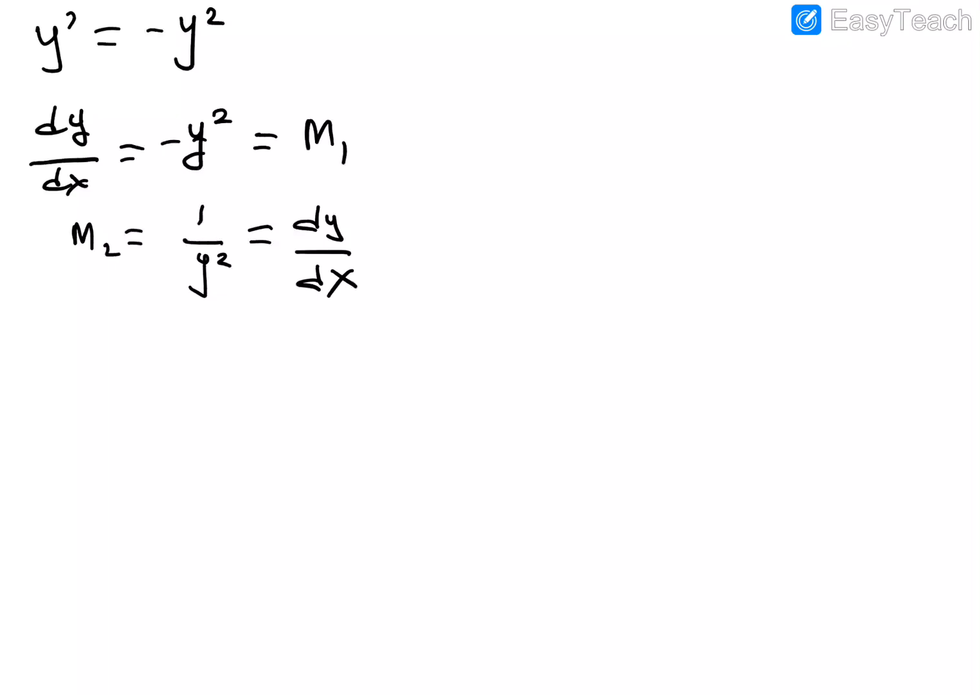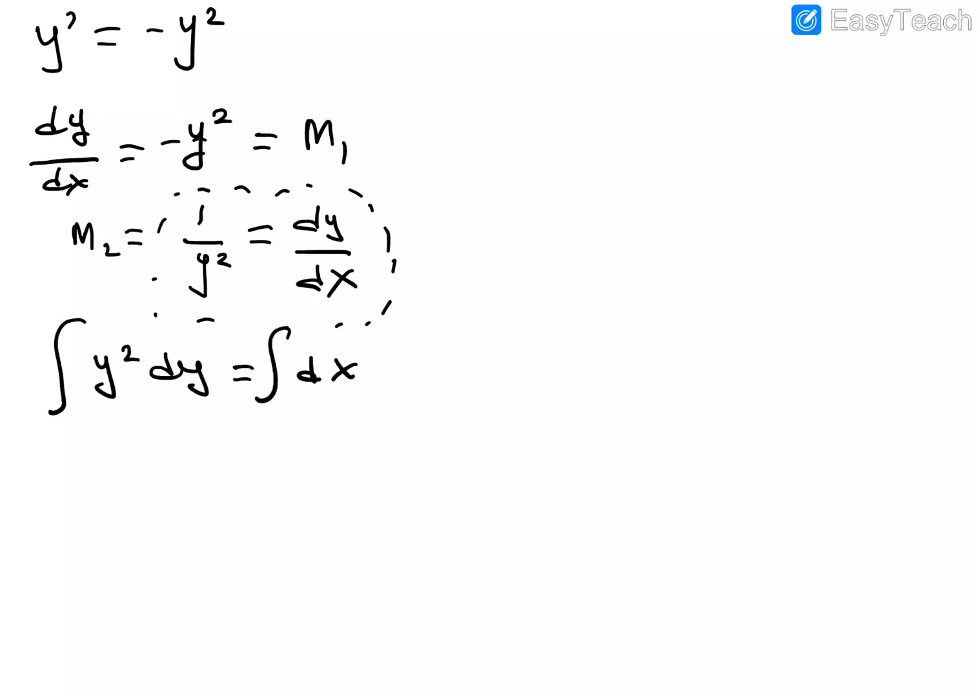And we'll go ahead and do our separable differential equation technique. We'll get the y's on one side and the dx's on the other. So we'll have y squared dy equal to just a dx. And we will take an integral of both sides, and we'll end up with 1/3 y cubed equal to x plus c.